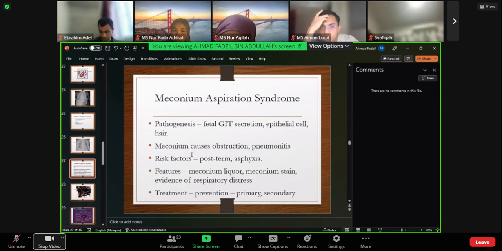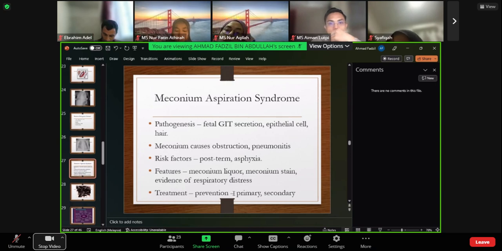The risk factors are perinatal asphyxia, fetal asphyxia, and also post-term, I mean they will be born after the term of 38 weeks. The feature is meconium liquor. The liquor is meconium stained, and there is respiratory distress. So you must have two pieces of evidence.